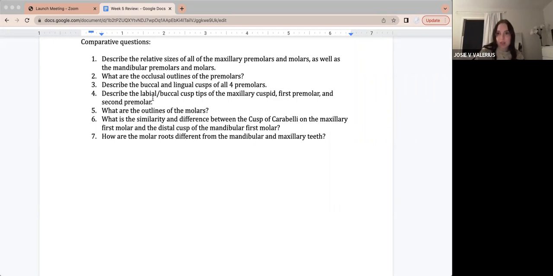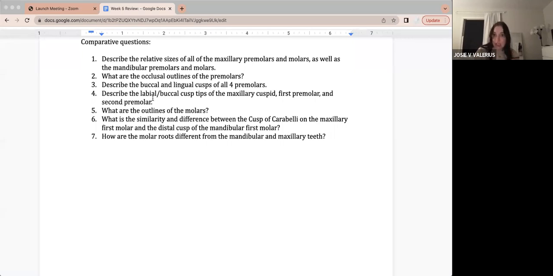So I kind of talked about this already, but for the maxillary teeth, the first premolar is bigger than the second premolar, and the first molar is bigger than the second molar.